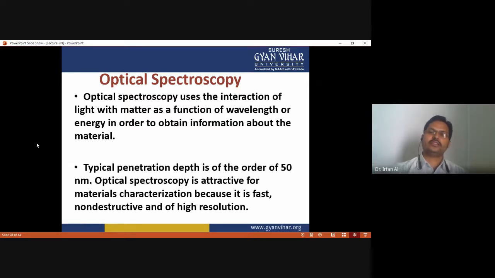As you know, each sample can absorb light of characteristic wavelength, so this phenomenon can be exploited in optical spectroscopy, and it has a typical penetration depth of the order of 50 nanometer. And optical spectroscopy is attractive for material characterization because it is a fast, non-destructive, and high resolution technique.